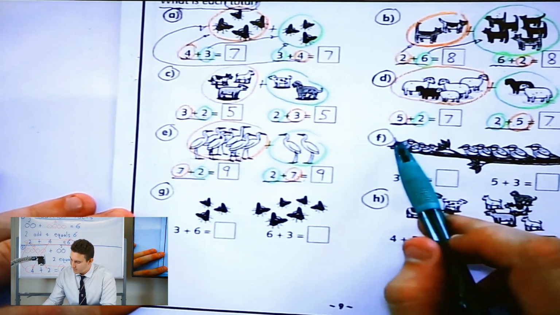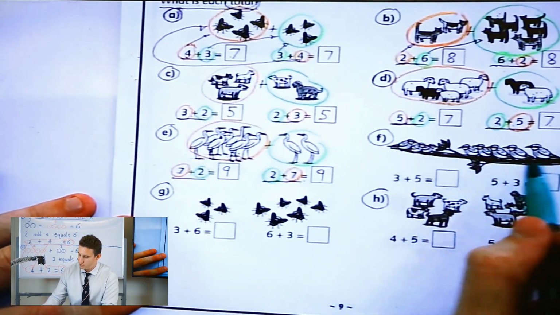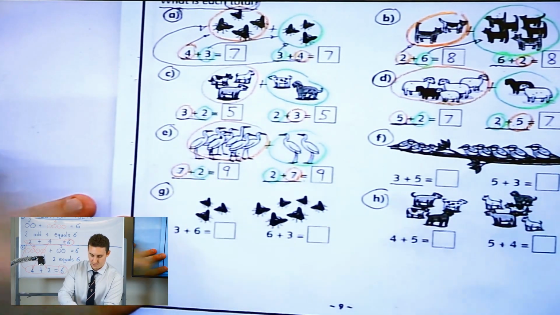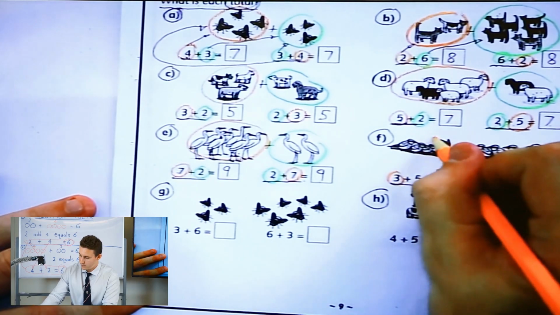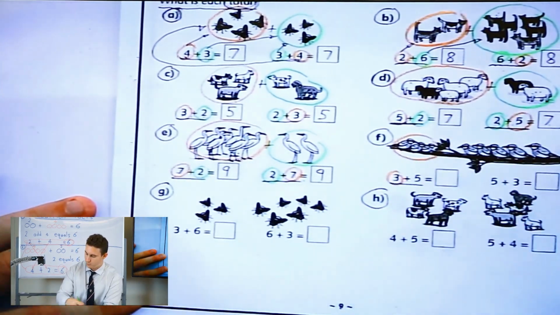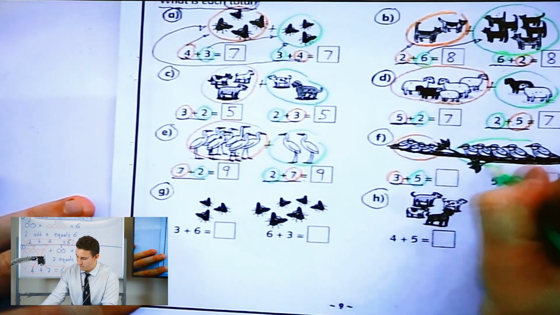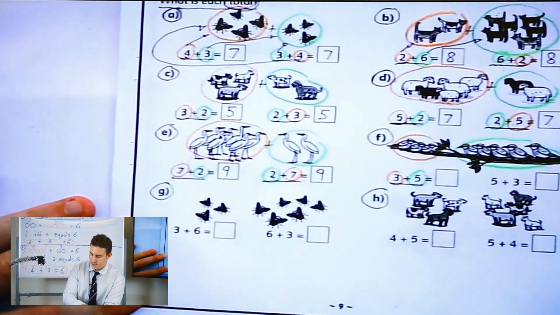Okay, example F. We have the picture of the birds here on the branch. First sum, 3 plus 5. We're going to put 3 in orange. There, the 3. And we're going to put the 5 in green. There are the 5 there. 1, 2, 3, 4, 5. Okay.